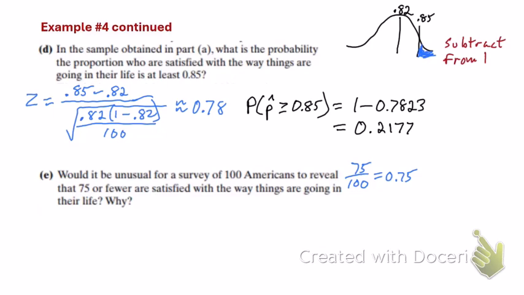So I could have done it without the fraction, I think, but find that 0.75. Make your drawing. This says 75 or fewer. Now notice that 0.75 represents where 75 or fewer is. And so since it says or fewer, I color in that side of it.